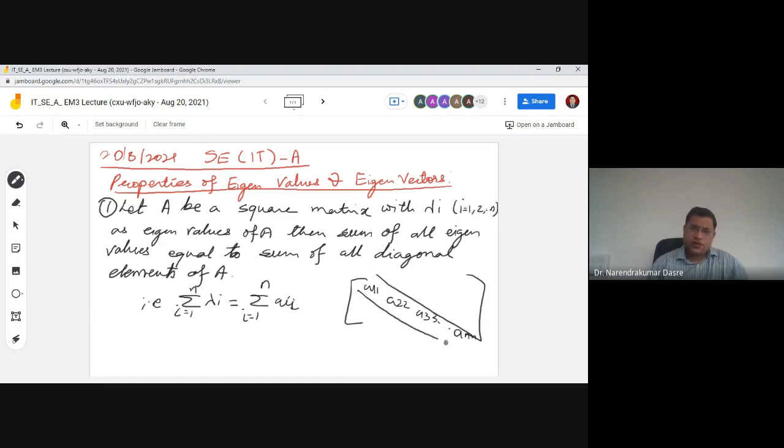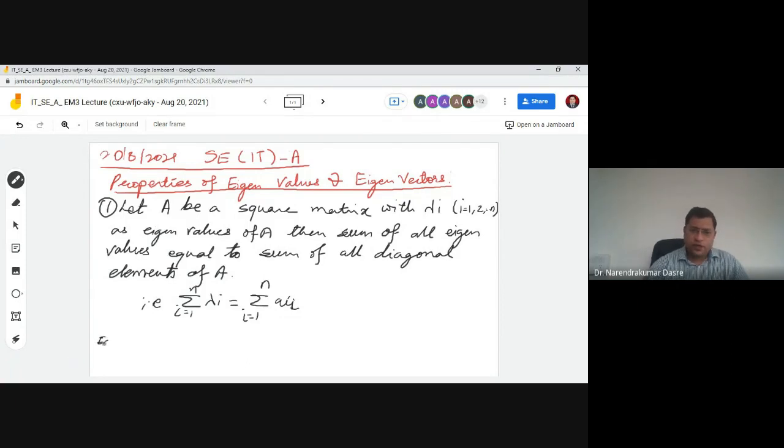The sum of these elements is the sum of all the eigenvalues. So without calculating the eigenvalues, we are able to calculate their sum.